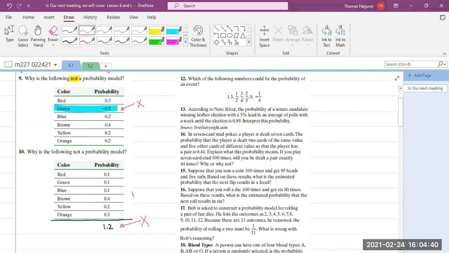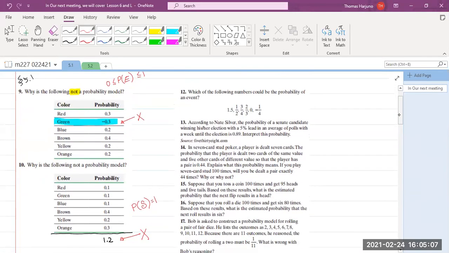Why? The probability of the sample space is equal to 1. In other words, the total probability cannot be more than 1. The total probability of all possible outcomes cannot be more than 1. Now, that's for number 10.